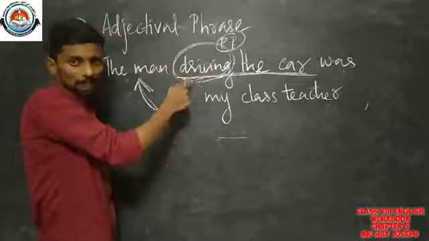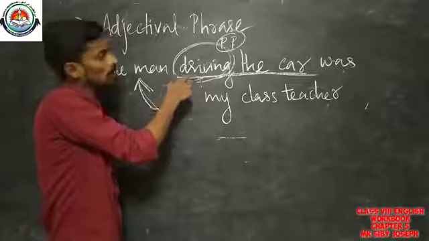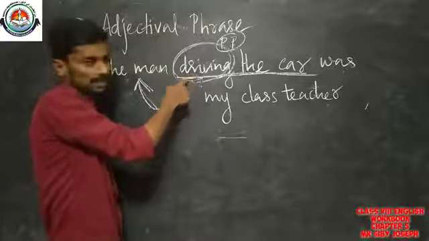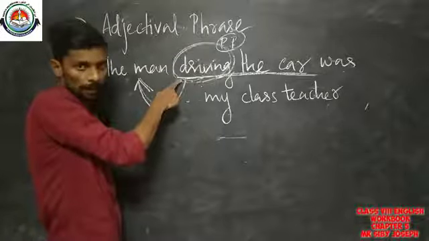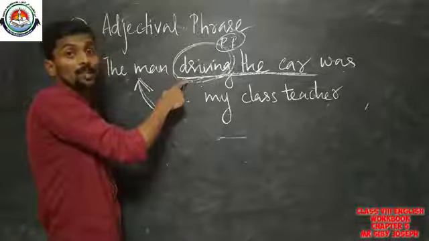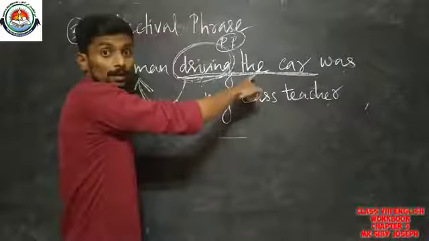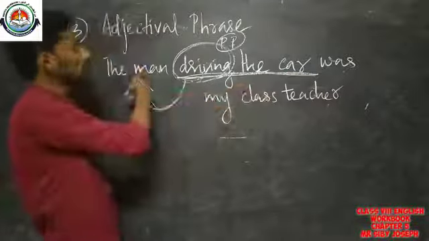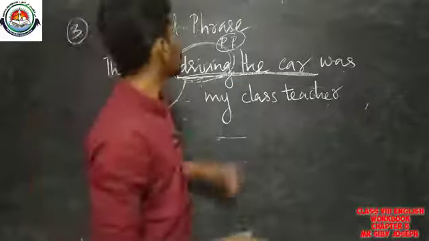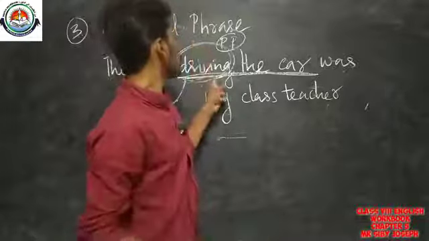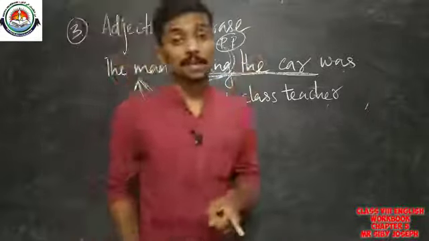The present participle used here is driving. So, this driving, or this present participle, helps to form or create the adjectival phrase to qualify the noun, the man here. In that way we can say that a present participle can also be used as an adjectival phrase.